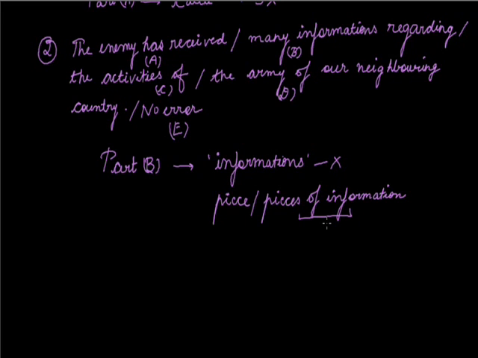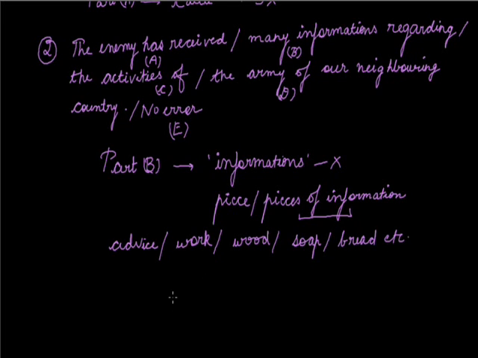So these always remain uncountable. That's why you can't use S to pluralize them. There are some other words as well, like advice, work, wood, soap, bread, etc. These are uncountable nouns which can't be used with S to be pluralized.